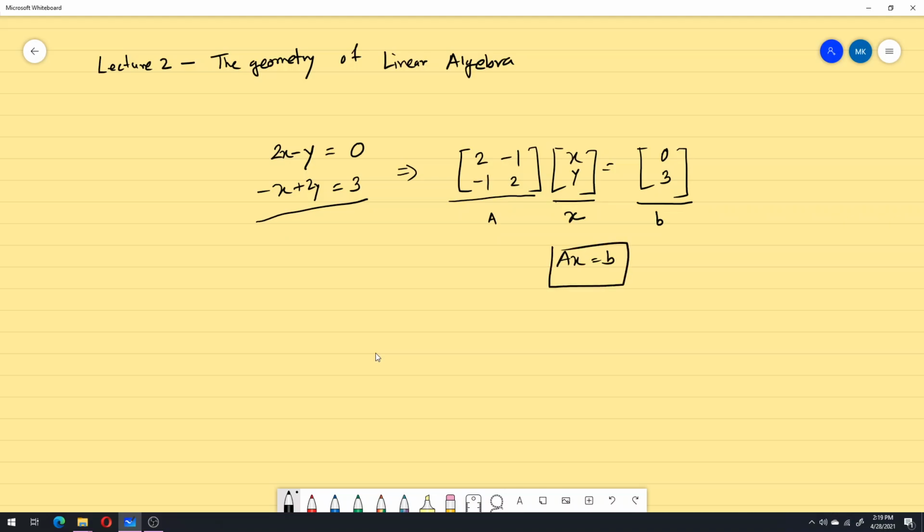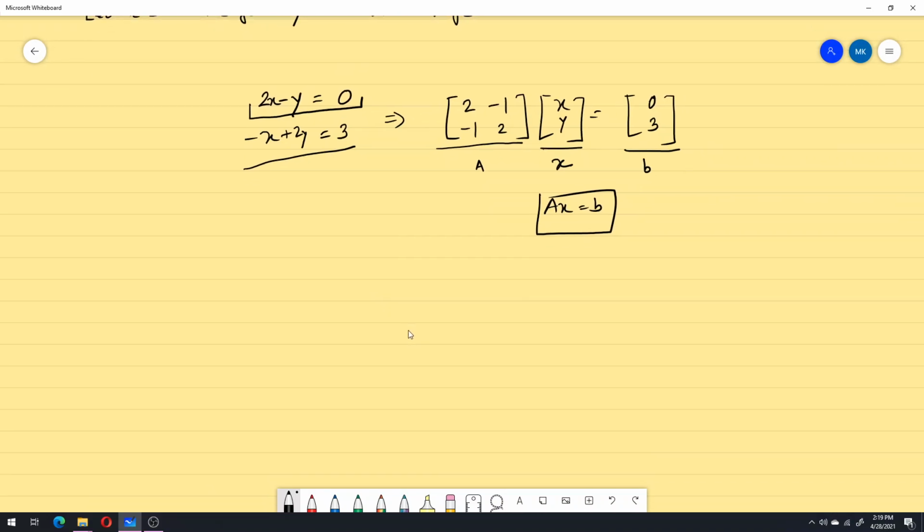Now, if you take one equation at a time, and you want to picturize that equation on a 2D plane, as this equation is a part of a 2D coordinate system.